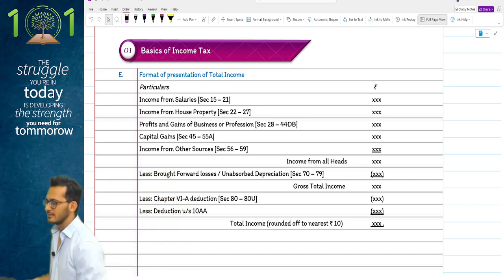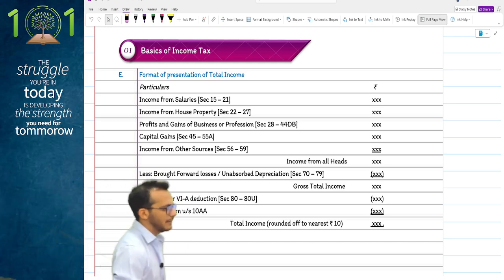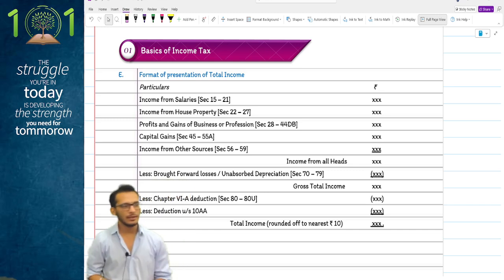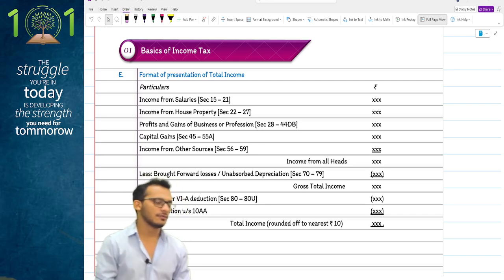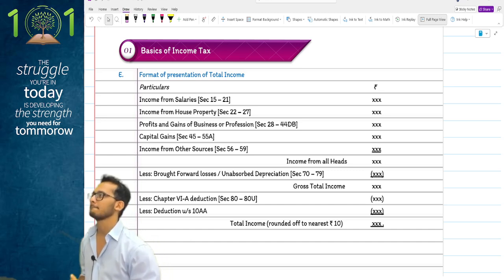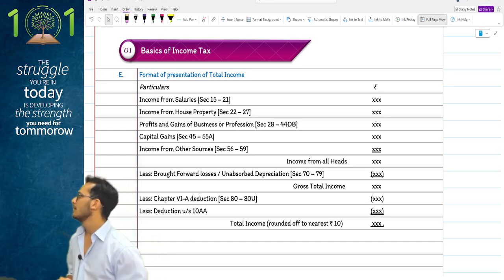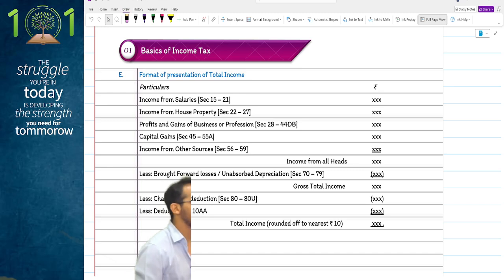Determine whether the income is taxable or not. Step number 4. Classify the income into the respective heads.